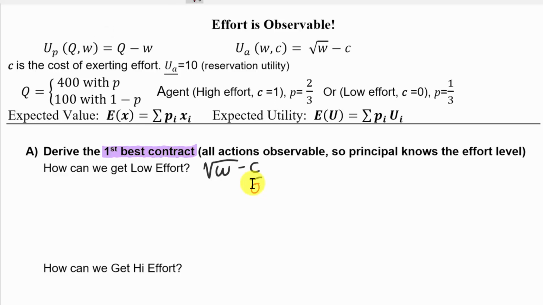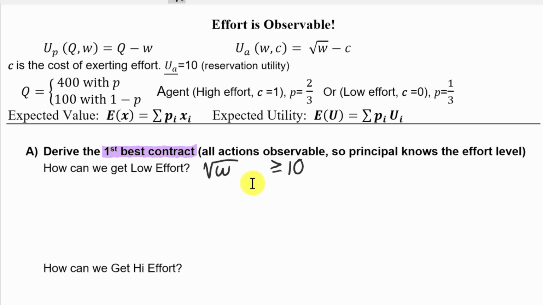But in order to get this agent to accept this contract and provide low effort, we need to make sure that the square root of the wages is bigger than or equal to 10. Since there's going to be 0 effort, we don't need to worry about the cost part. So if I want this agent to take this job, I'm going to have to pay a wage that gives them at least 10 utility.